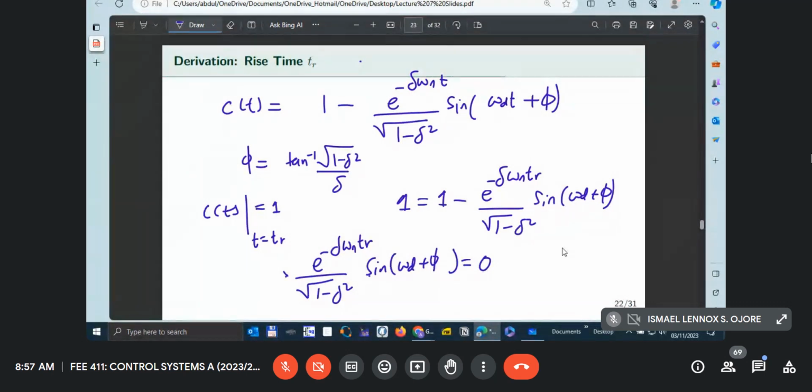If we divide also on this side, we'll just have 1. On that side, it will be also 0, right? So this will disappear because of that 0 here.